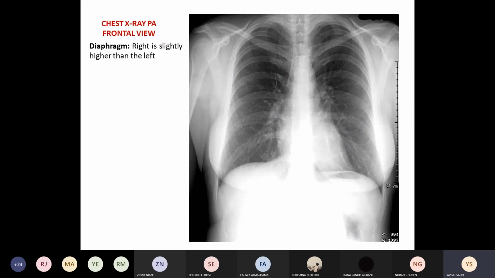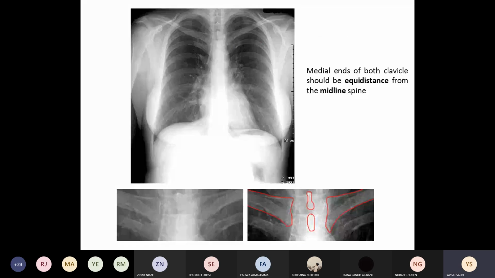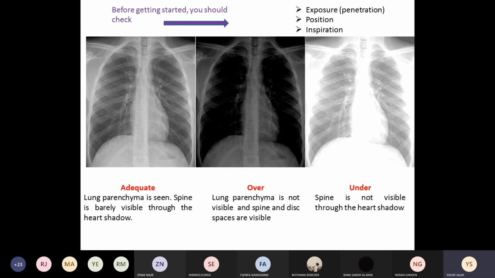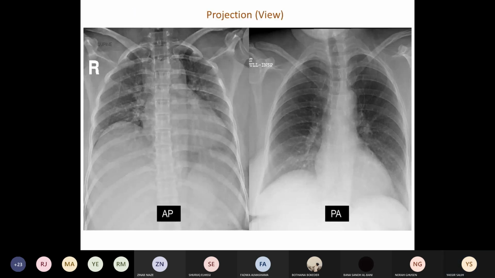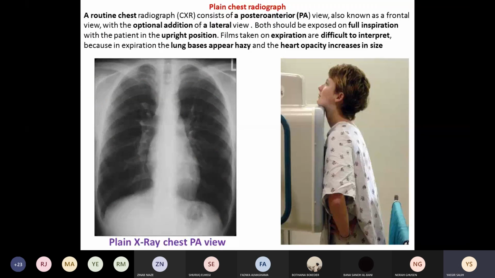The position of the lobes, the technical factors affecting the quality of the chest X-ray, the rotation, the exposure factors, the difference between PA and AP, the criteria of the PA view and AP view.